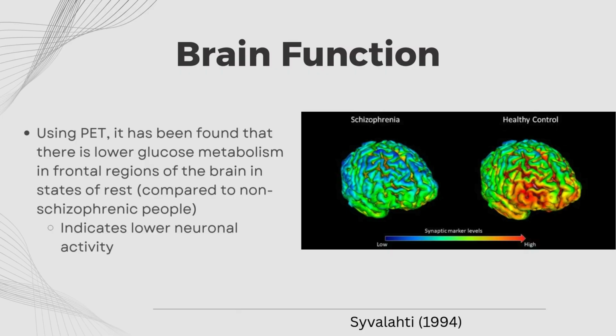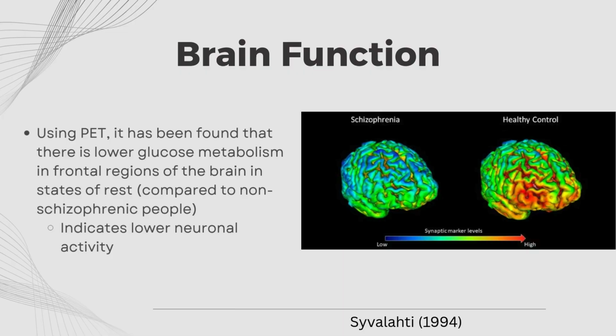As for brain function, researchers have used PET scans, positron emission tomography, where they put in a glucose tracker that looks at where places are more active or not in the brain, because to expend energy you need glucose in that process.